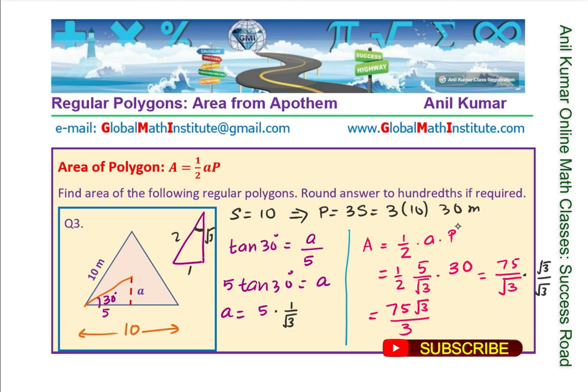So square root 3 by 3, when you multiply with, you get 3 in the denominator, square root 3 comes in the numerator. You can divide 75 by 3 now, so get 25 square root 3 as your area, which is going to be in units of meter square. So I hope with this, the whole process is absolutely clear.